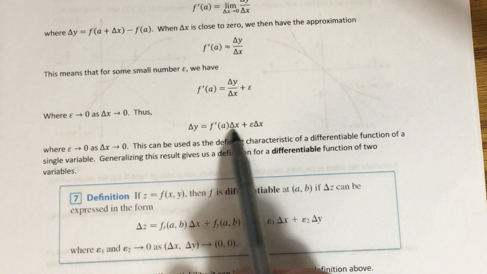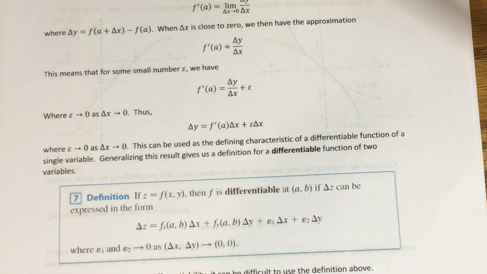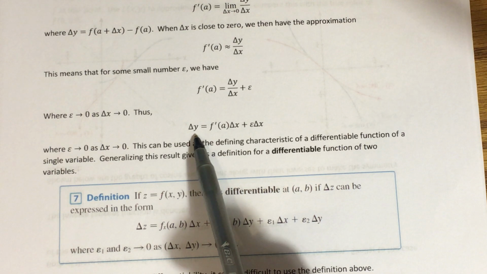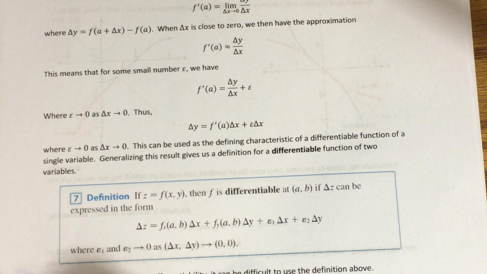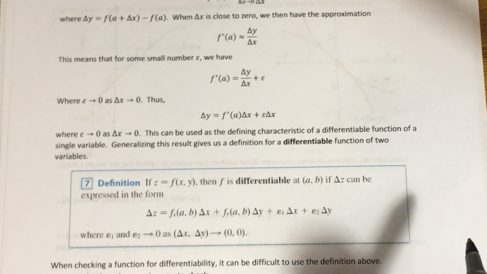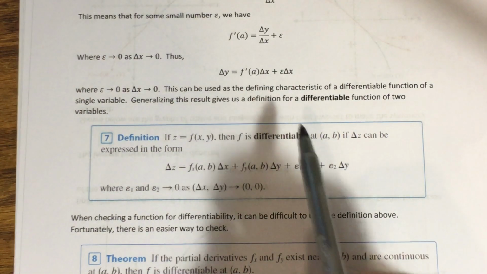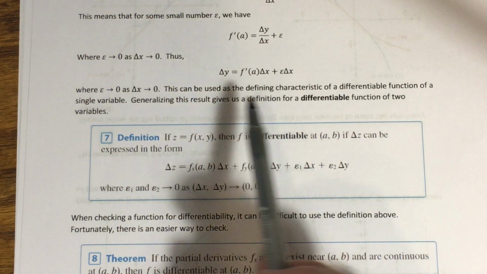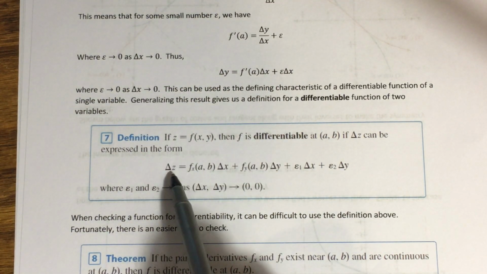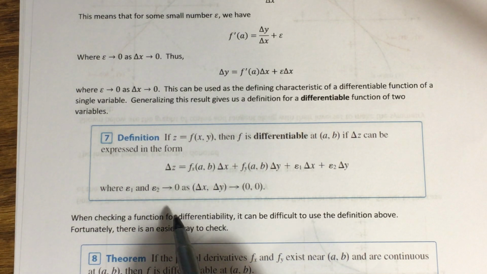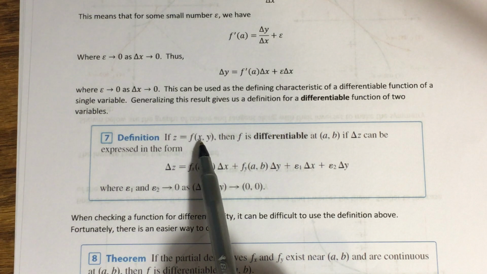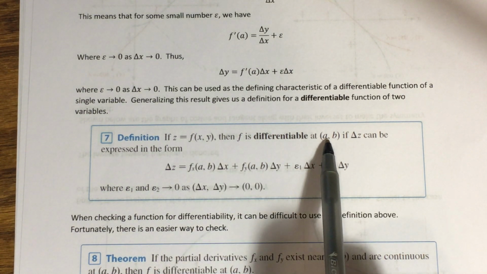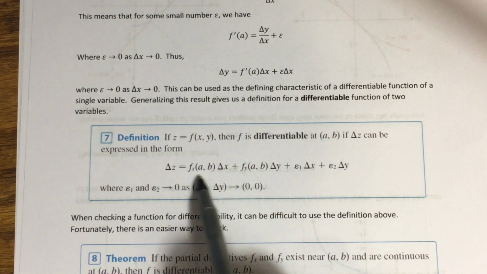But this is where we're going to get a concept of differentiability for two variable functions of the form z equals f of x, y. Okay? So to see where we're going to get that, we're going to kind of mimic this to define delta z, the change in z as we have an increment in x, y at a particular point a, b.